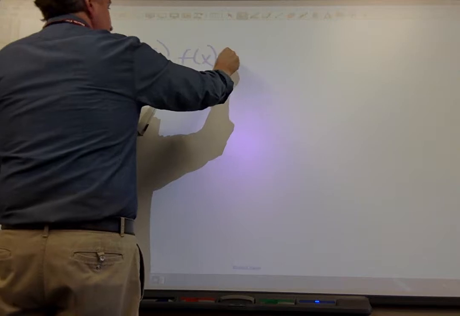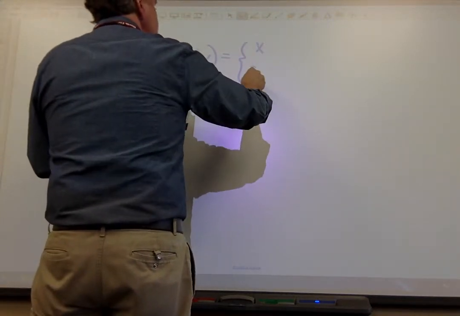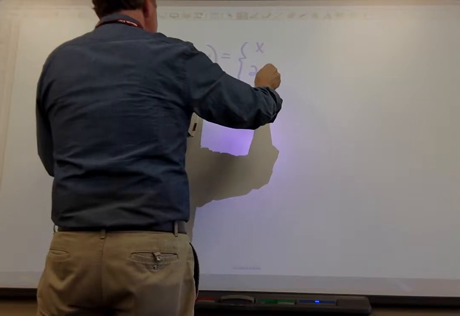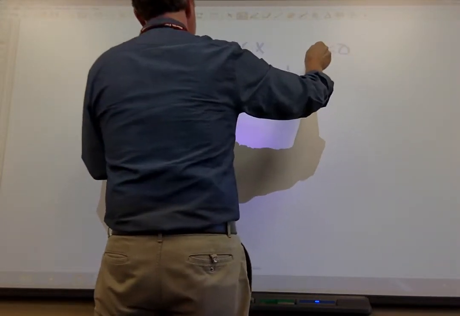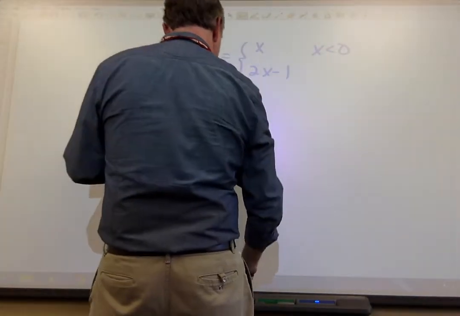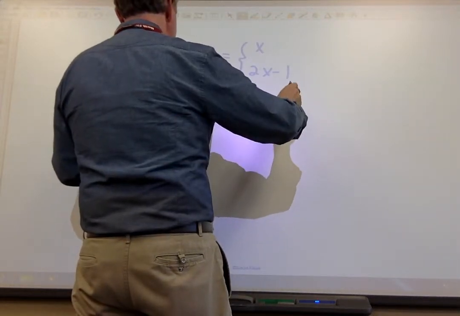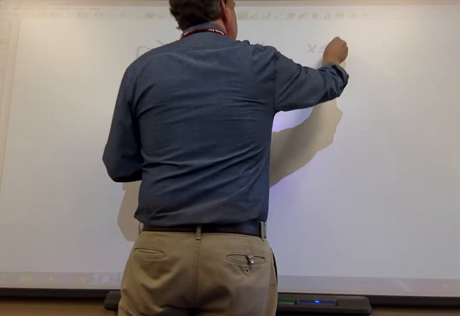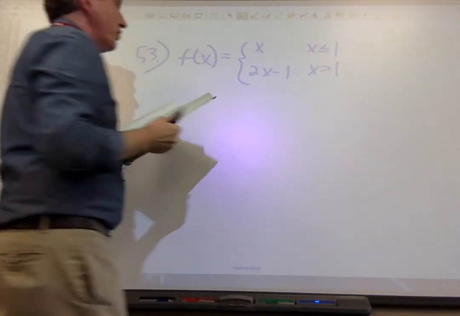Let's see. If this is the piecewise function, you could graph it, but you really don't have to. Let's just look at it. If you have this, and these are the pieces, less than or equal to 1 and greater than 1.